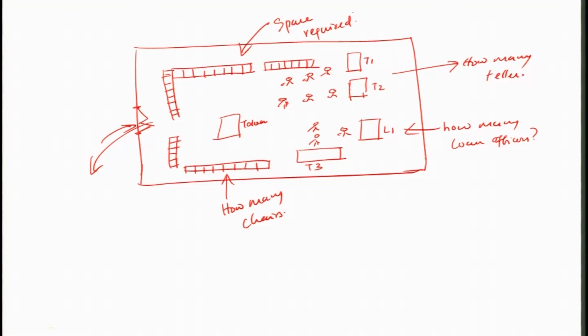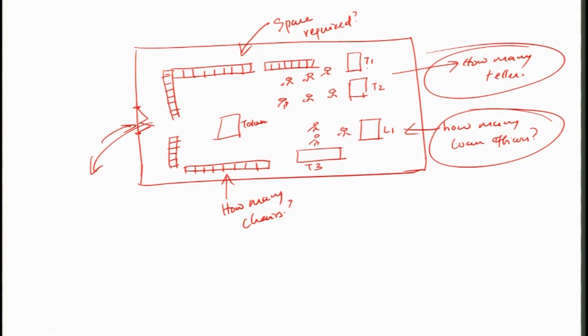So, quite a lot of analysis can be done using simulation, but the question here is what details you are going to study. If the goal is to decide how many people are to be employed, then you do not need to worry much about how many chairs, and space requirement might not be a big issue. But if you are more interested in the air conditioning, then you might want to find the space requirement, how many people are there, and those kinds of aspects.